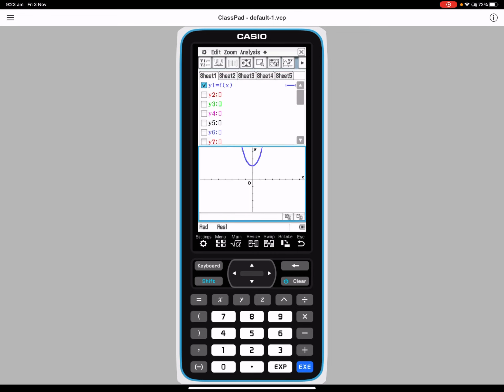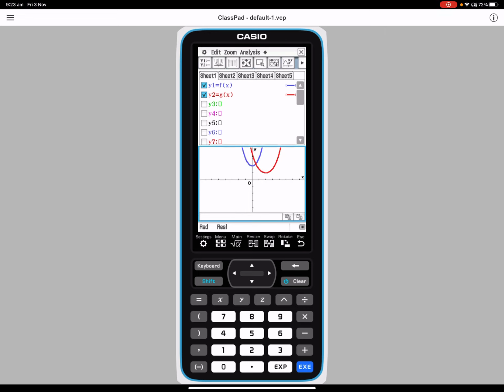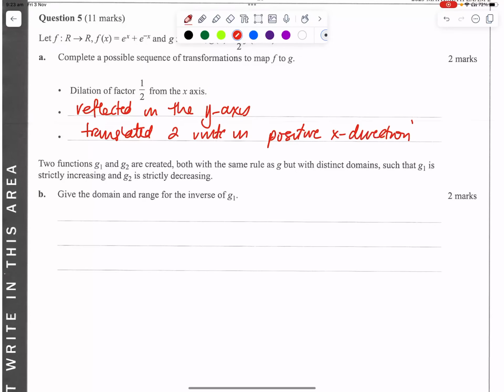So let's sketch f of x, and then g of x. Okay, so the turning point is 2, 1. So we know g1 is when it's strictly increasing.